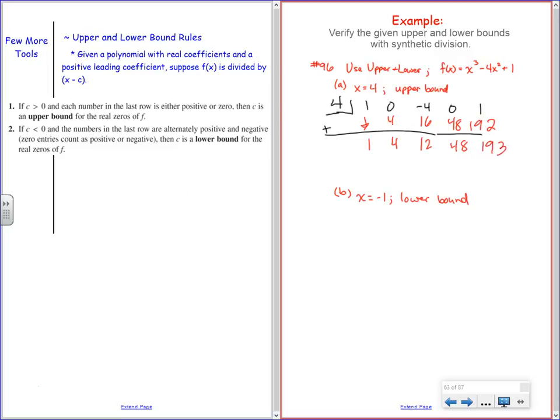And there's no change in signs. Guess what? Don't go any higher than 4 with the polynomial, which I know this one wouldn't be a possible 0, but that list is 60. Don't go any higher than 4. There's nothing up there. It says, hey, it's an upper bound. And you just have to say, hey, look, there's no change in signs. The rule says, yeah, don't go any higher.